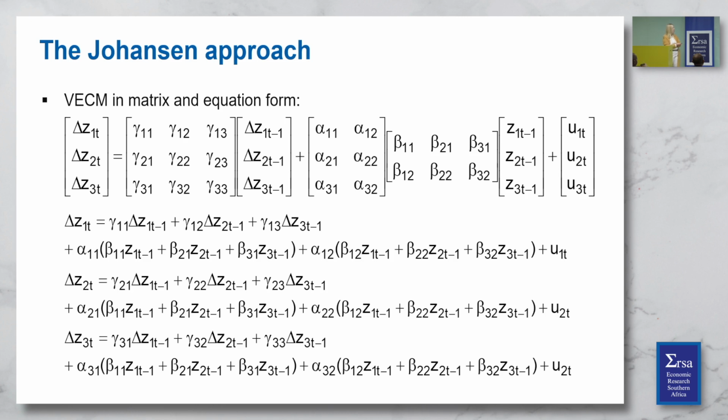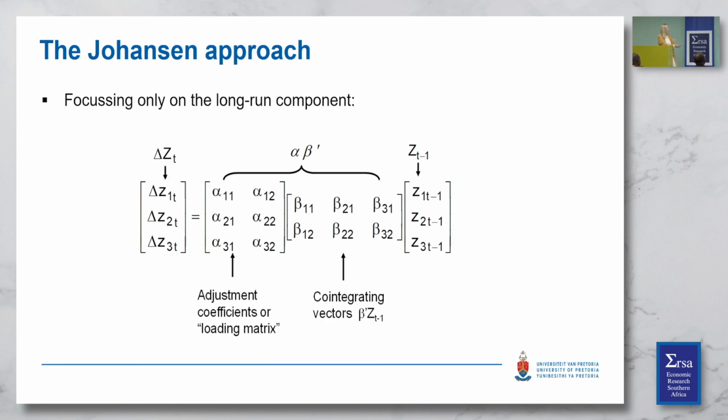So all of this looks very messy, but when we apply it, then it's quite clear. That's just zooming in on that little bit to give this idea of reduced rank. For 3 variables, we're only going to consider 2 equations, and then of course we will have to place restrictions here.